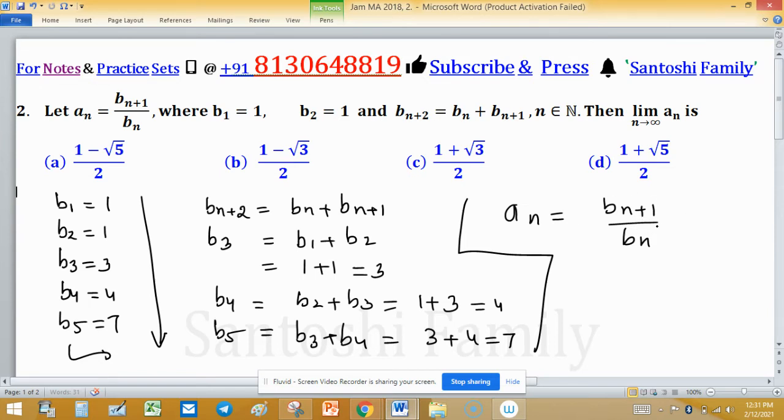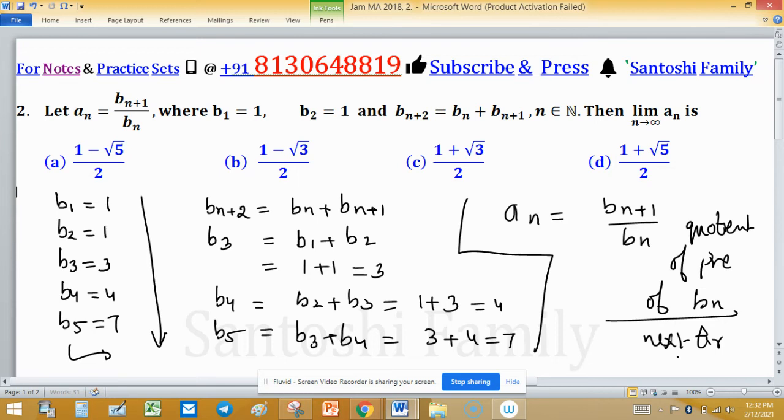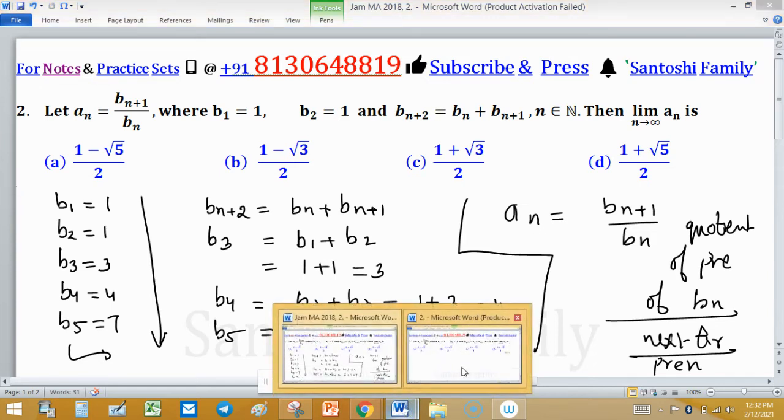This is nothing but the quotient of previous two terms of b_n, meaning the next term divided by the previous term, consecutively. b_n is defined like this. Now come to the solution.